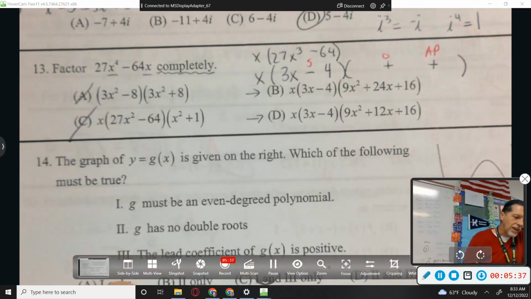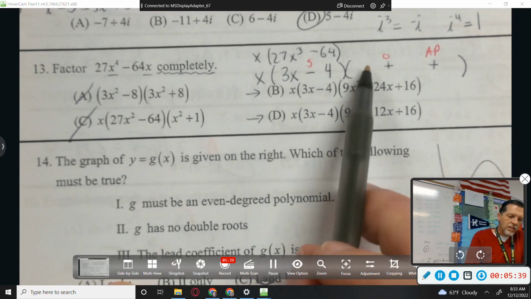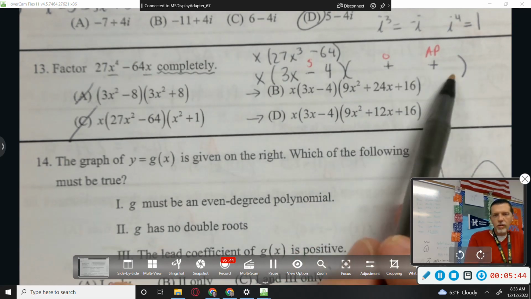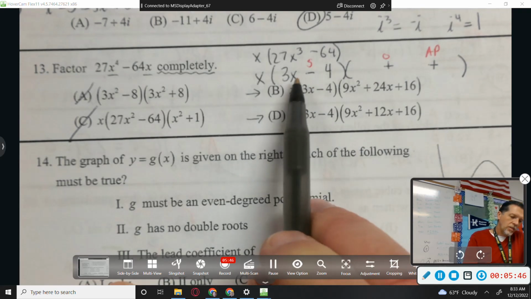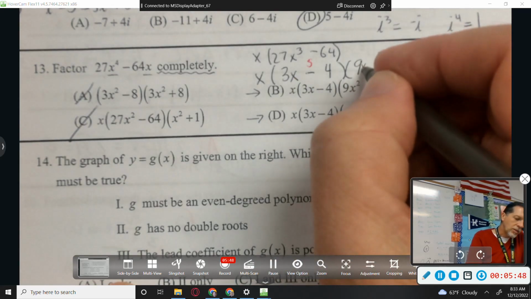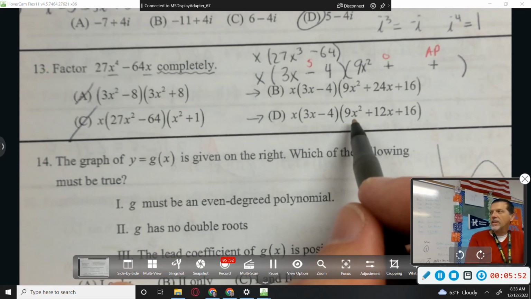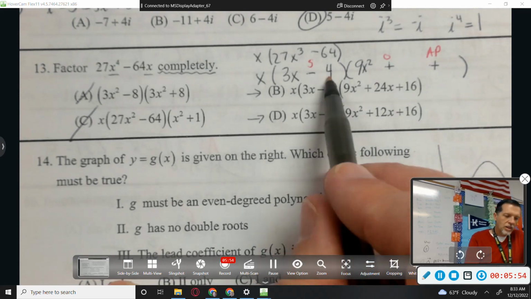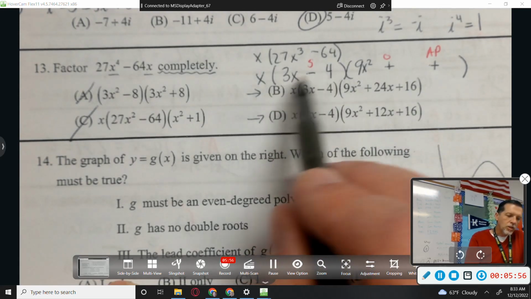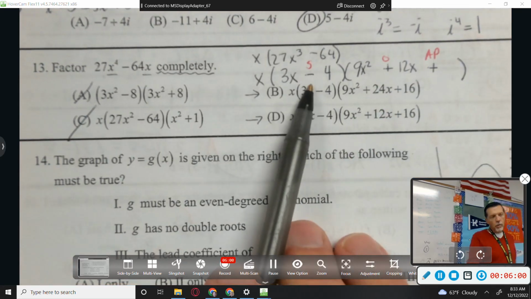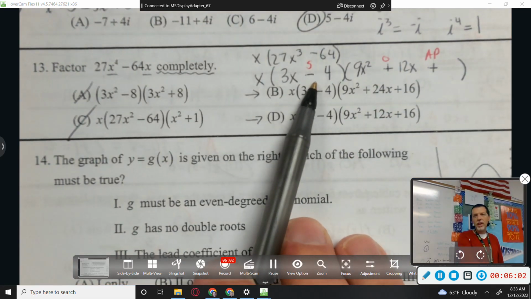What's going on with A and C? So let's see. We square the first term, multiply the two together, square the second term. So square the first term, we get 9x squared, which again, this is matching up. That's where it's nice to have multiple choice. When we multiply the two together, we get 12x. And I'm not worried about that negative sign, because SOAP takes care of the sign.